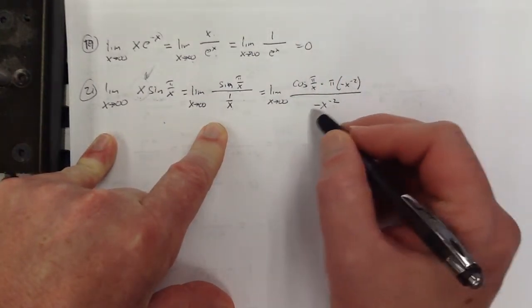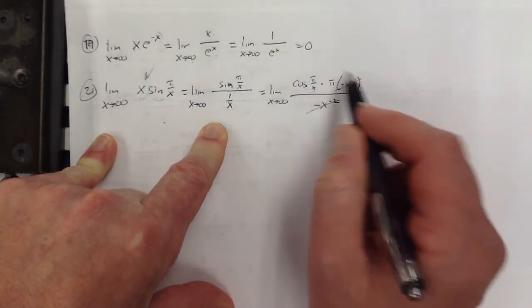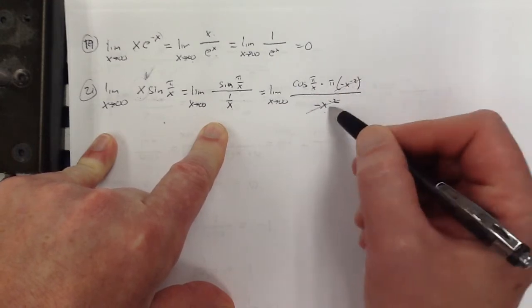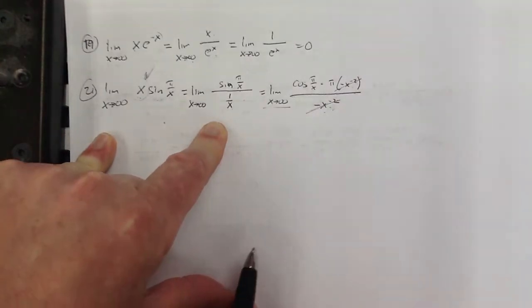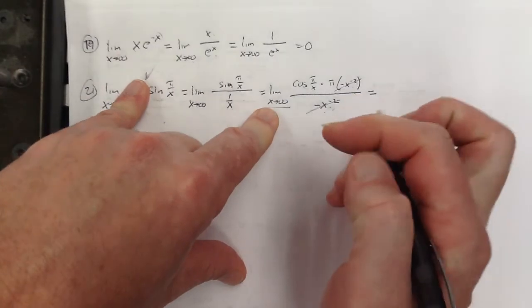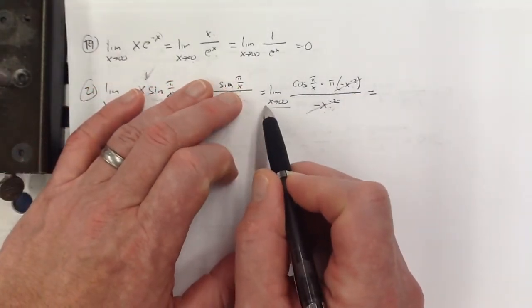When you do something like this, if you have any x's hanging around in the top and the bottom, you want to simplify before you try to plug in. That's really always true.